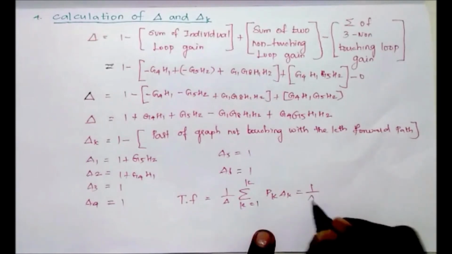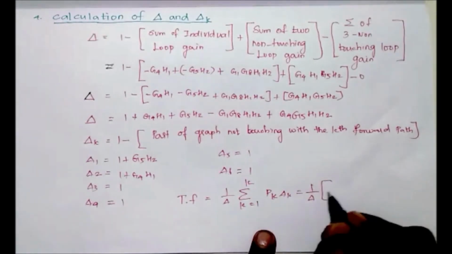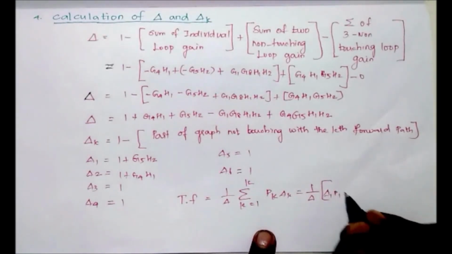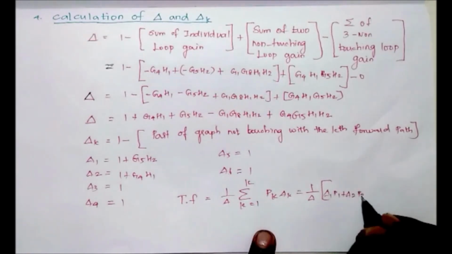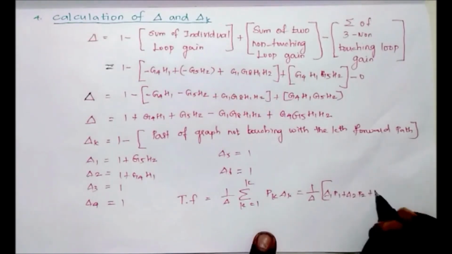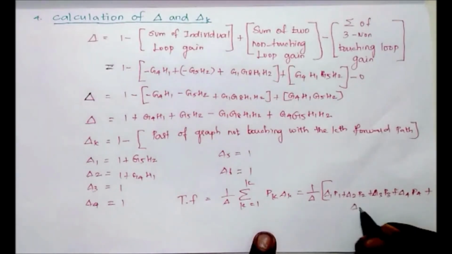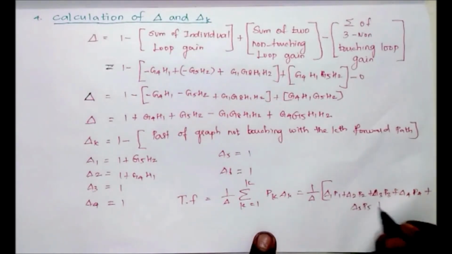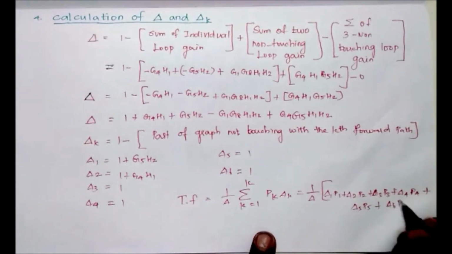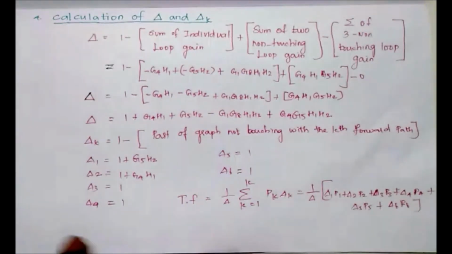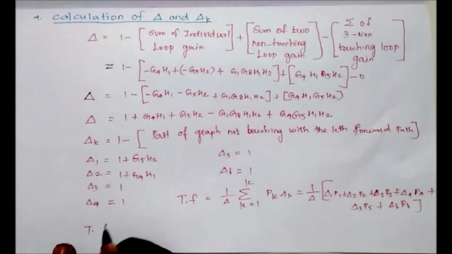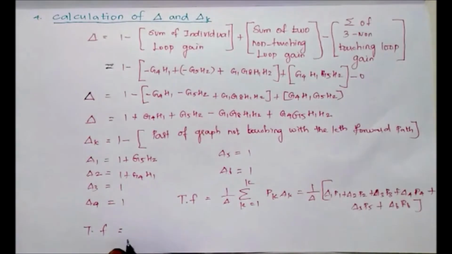So 1 by del into del 1 P1 plus del 2 P2 plus del 3 P3 plus del 4 P4 plus del 5 P5 plus del 6 P6. Now we have to substitute all these values and we will get the final transfer function.